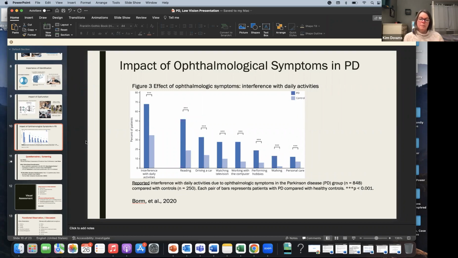The guess is because they're so visually dependent, and also because of their other symptoms, their decreased mobility. It makes it even harder for them to use a variety of adaptations that are available for people with low vision, and cognitive dysfunction also interferes with their ability to utilize a lot of the common strategies that we would give someone for low vision.